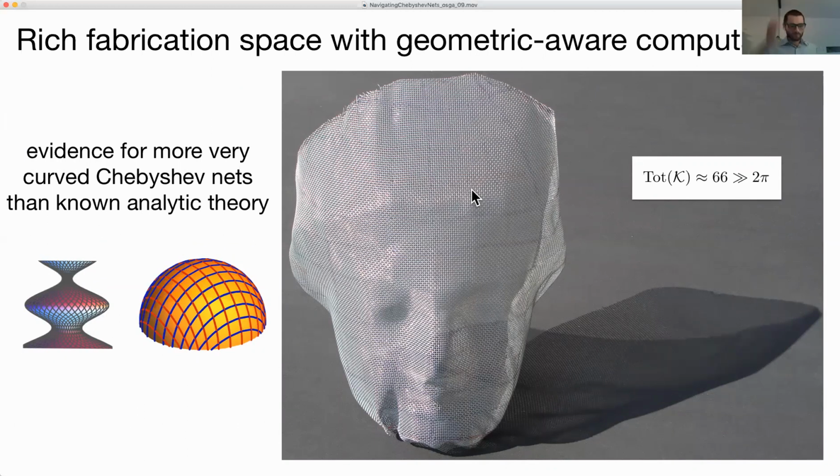Exactly. So the question is, the mask is not molded, but found by calculation of discrete Chebyshev nets. That's correct. The way the mask is made is I take the calculation from the discrete Chebyshev net. I then 3D printed a scaffold, which told me exactly where to map every single wire onto this 3D scaffold.